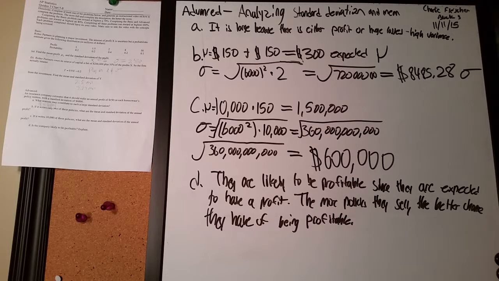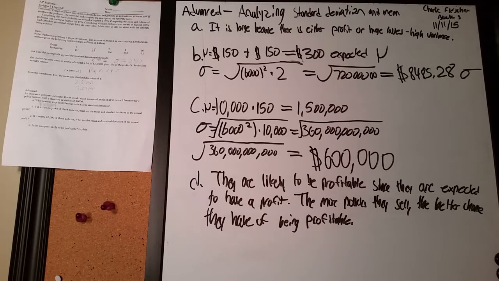So you get the square root of 772 million, and that equals around 8,485. So the mean will be 300 and standard deviation of 8485.28. So they're expected to get a little double once they get another policy, but it's a little more riskier.